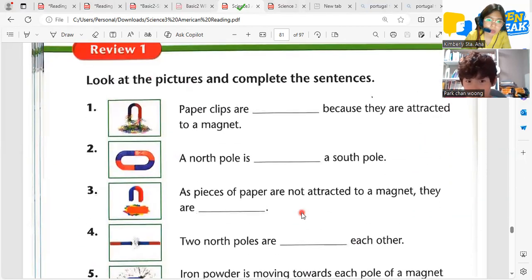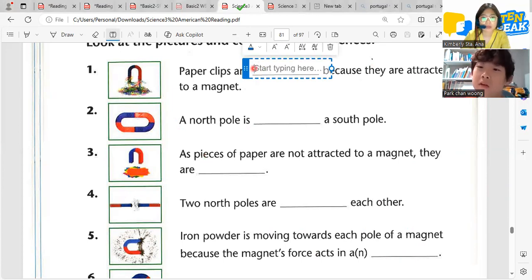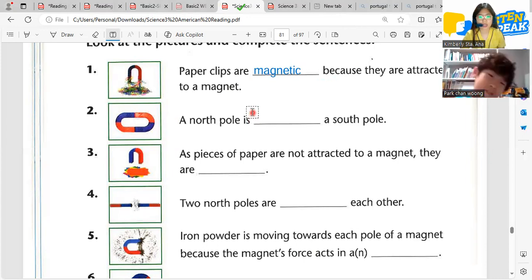I want you to use the words that we learned a while ago to complete these sentences. Paper clips are magnetic because they are attracted to the magnet. The North Pole attracts the South Pole.